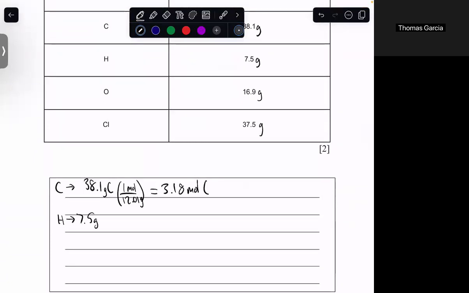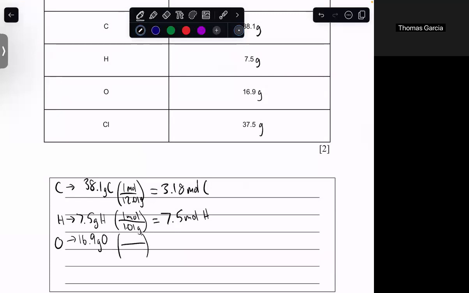7.5 grams hydrogen. 1 mole over 1.01 grams, and we get 7.5 mole hydrogen. For oxygen, we have 16.9 grams oxygen.